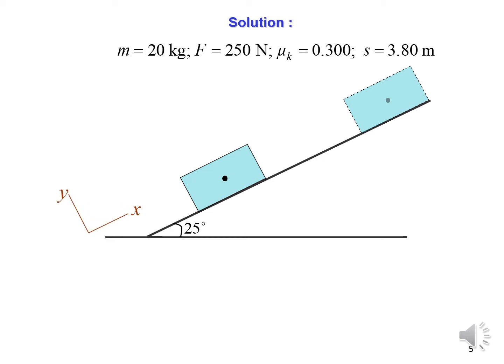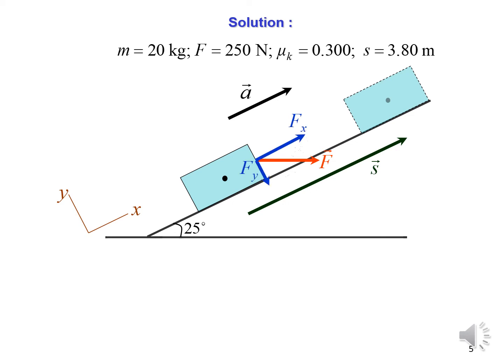We redefine the axes, where the y-axis is perpendicular to the plane and the x-axis is parallel to the plane. We mark the direction of the acceleration, and the displacement from the initial to the final position, which is 3.8 meters. The acting force can be resolved into x and y components, with an angle of 25 degrees.